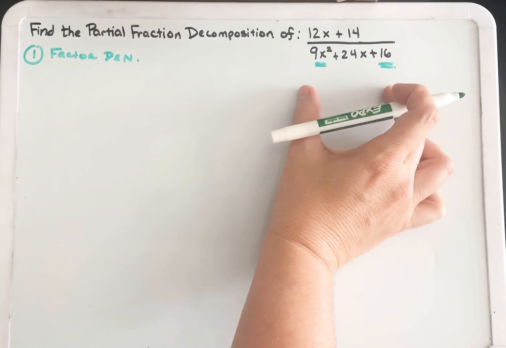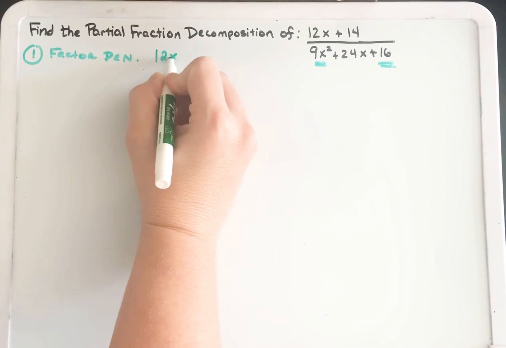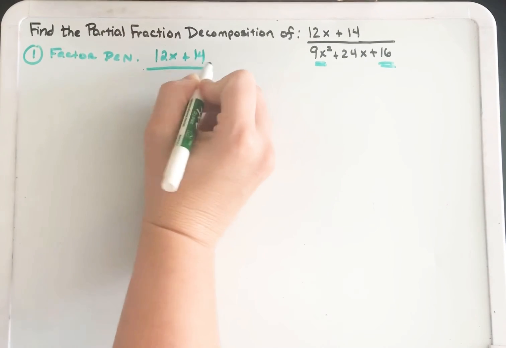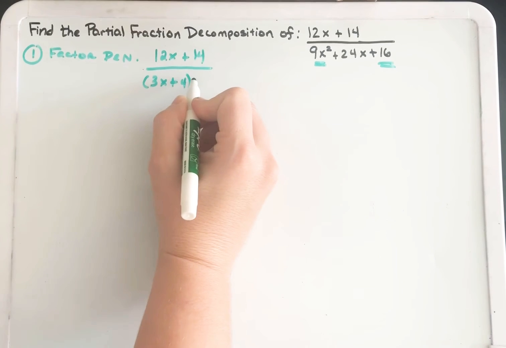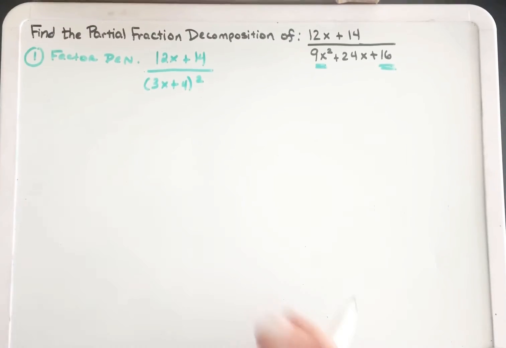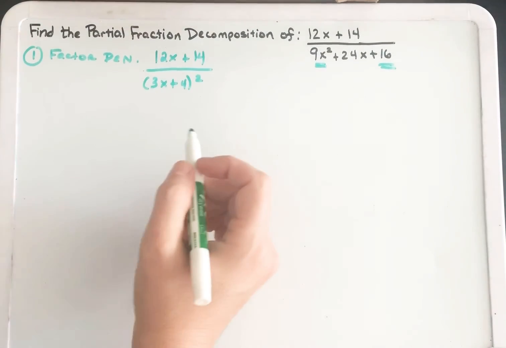This is what we call a perfect square trinomial. So this fraction equals 12x plus 14 over (3x plus 4) times (3x plus 4), or you could say (3x plus 4) squared. And go ahead and verify that if you need to. Go ahead and multiply it by itself by FOILing, and it's true.